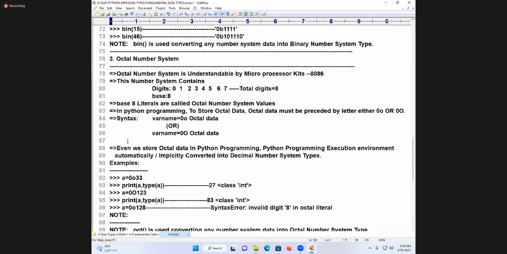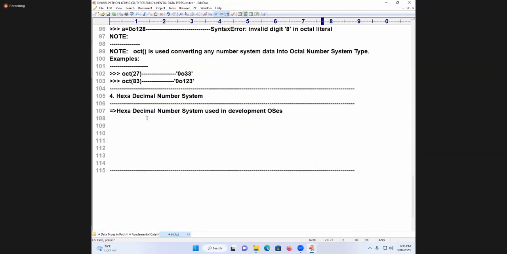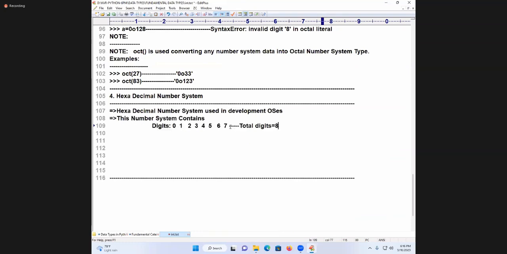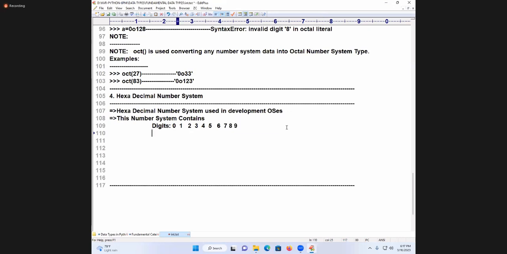And what will be the digits available? So I'm going to write it. This number system contains 0 to 8, 9, and next I'm going to continue here A, B, C, D, and then E, F. And internally, dear students, in hexadecimal, value A is treated as what? 10.